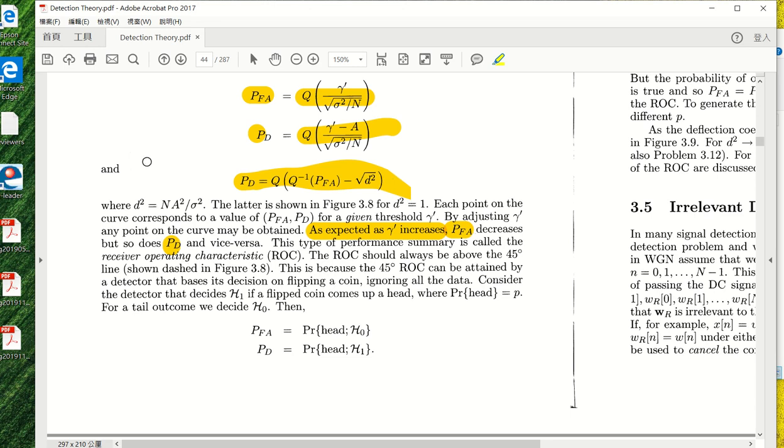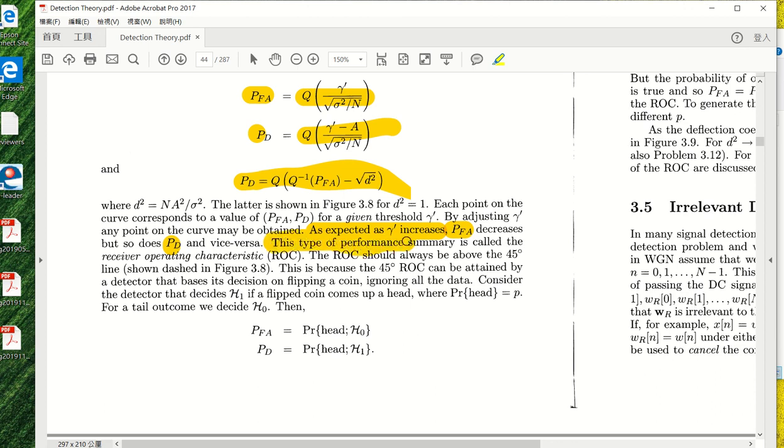Then there comes a problem: how do you get an overview of the detector? Because different gamma prime will give you different values of PFA and PD, right? So it's hard to say which is better and which is worse.